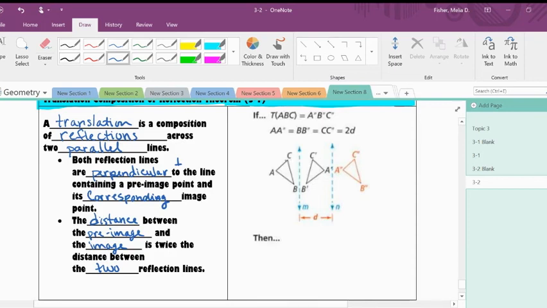So there's this line that's perpendicular to these, so that's 90 degrees right there. And the distance between those 2 things is double the distance of D.